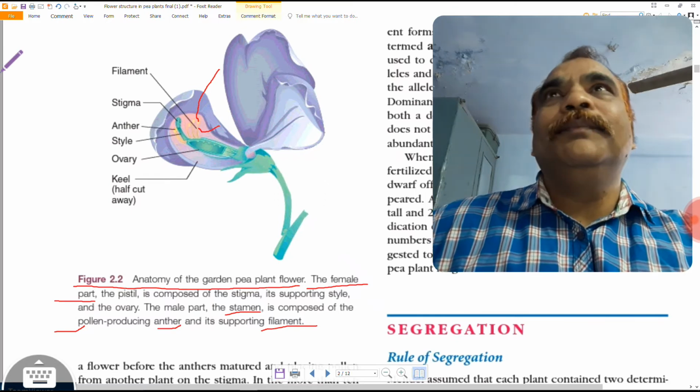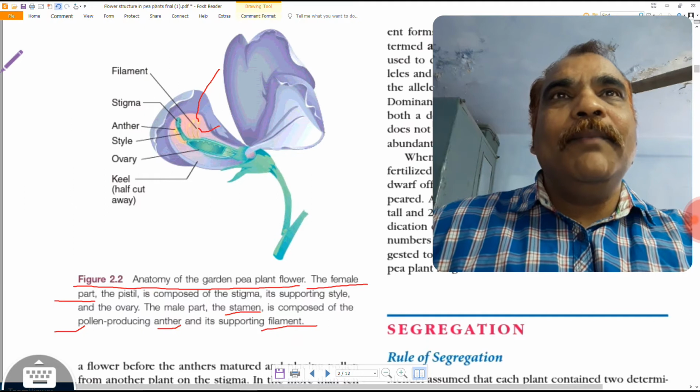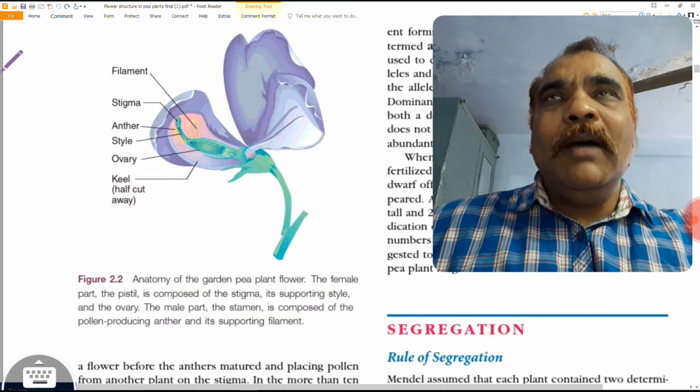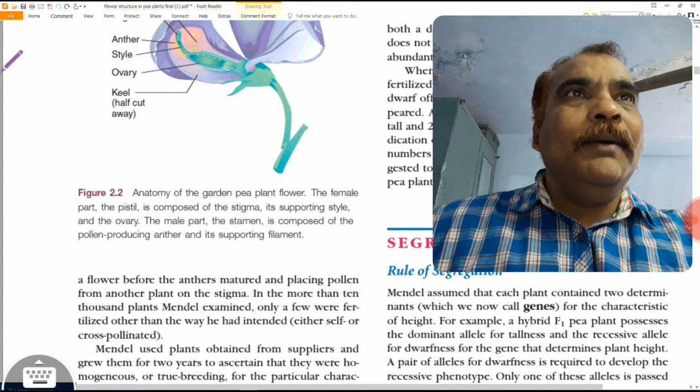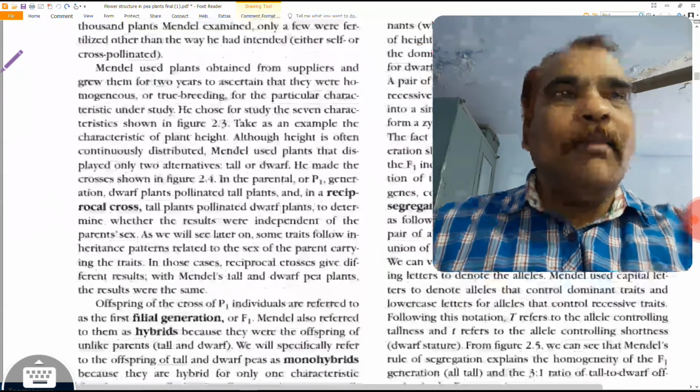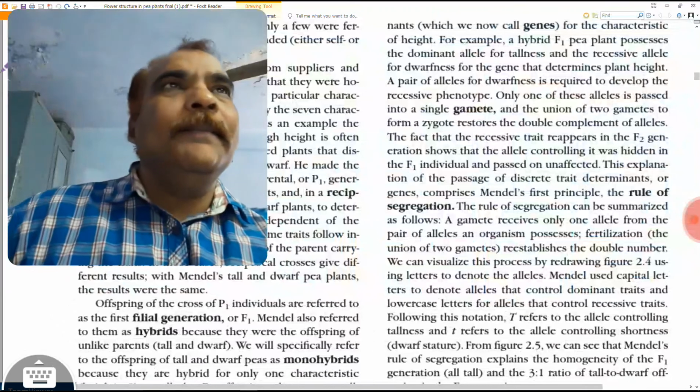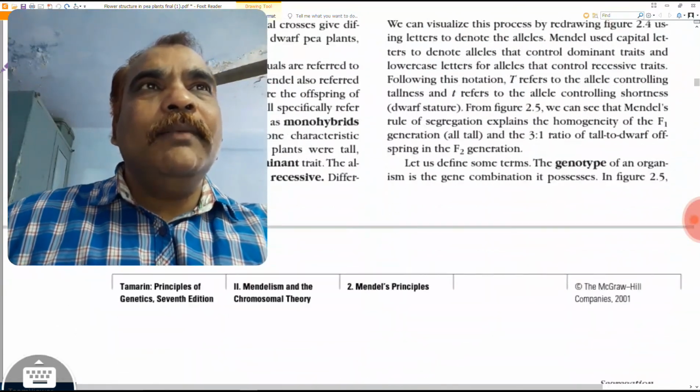plant flower. Now we are moving forward. Now I'm showing you one more figure so you can have more clarity about the structure of the pea plant flower.